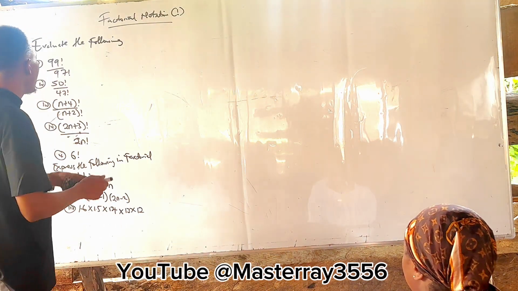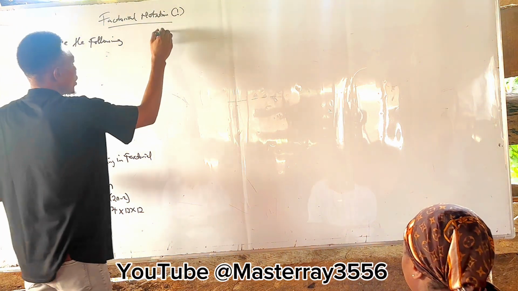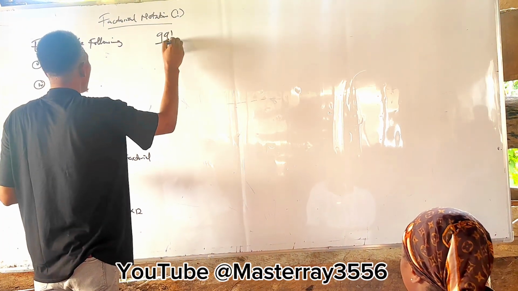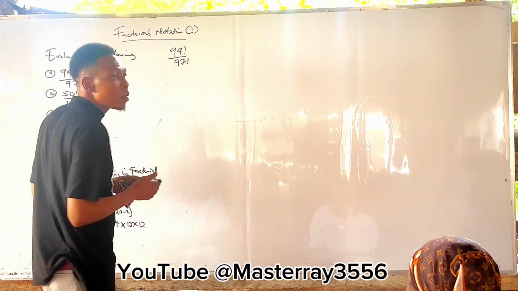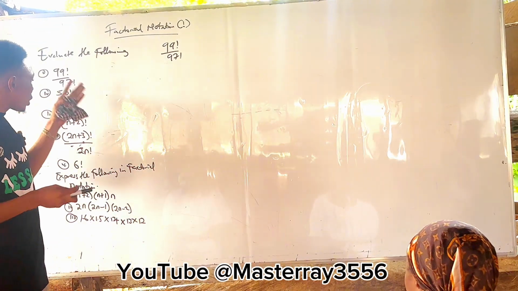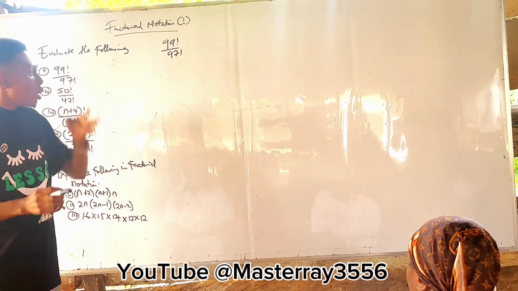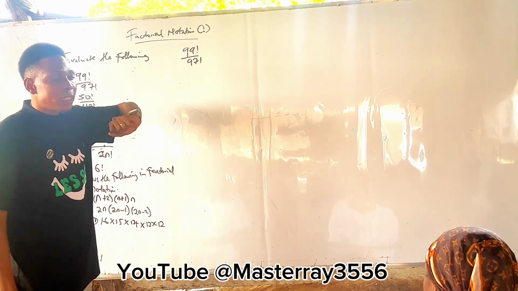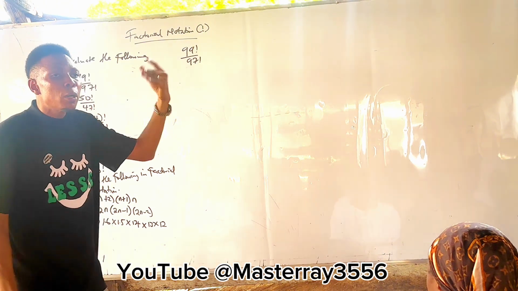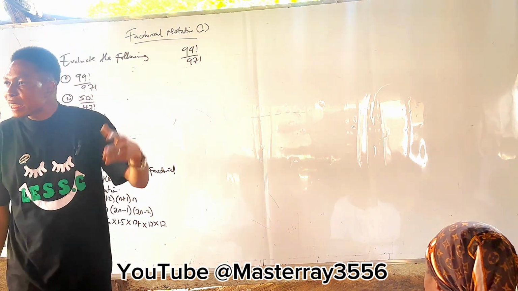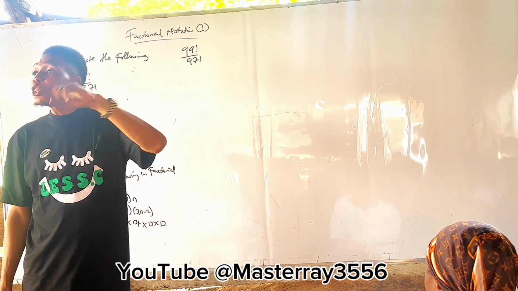Pay attention. For the first question, we have to evaluate 99 factorial over 97 factorial. These are simple questions that you see from your objective. Now there's no way I'll be multiplying 99 times 98 times 97 till you get to 1.